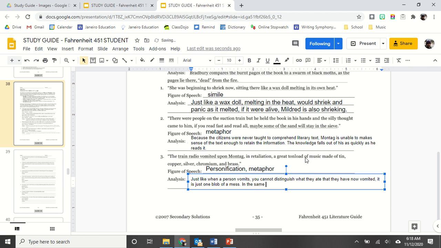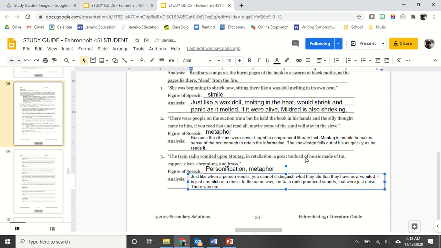In the same way, the train radio produced sounds that were just noise. There was no distinguishable melody, tune, or lyrics.